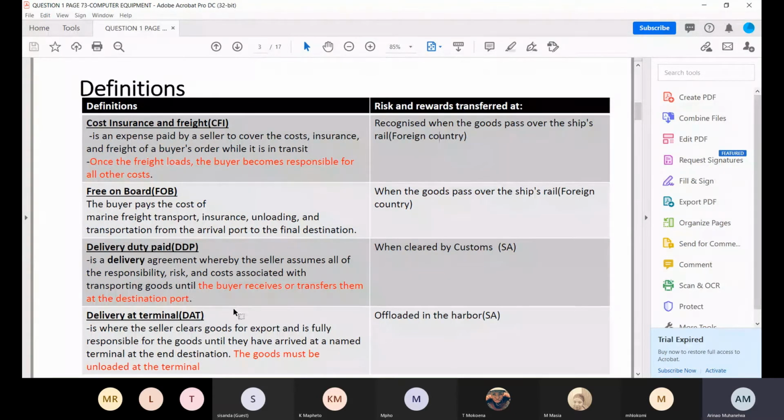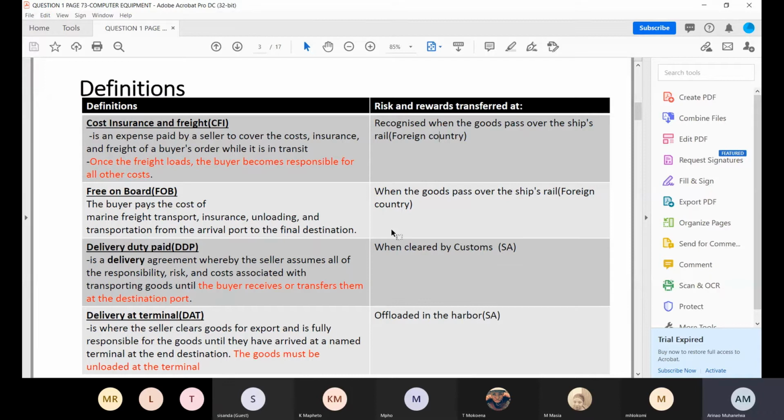In other words, you as the buyer take responsibility of the goods the moment they are cleared by your customs. I've indicated South Africa here because we're in South Africa, and normally the companies you will be receiving will be South African companies buying from foreign companies or foreign countries. So the moment they are cleared by customs, that is where you start to recognize the transaction date.